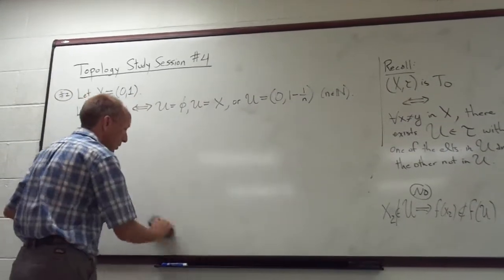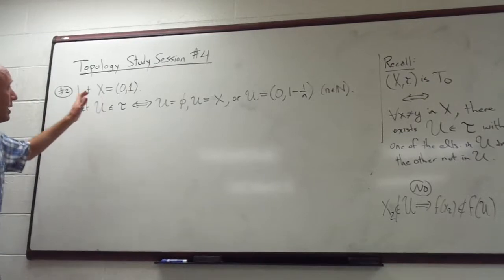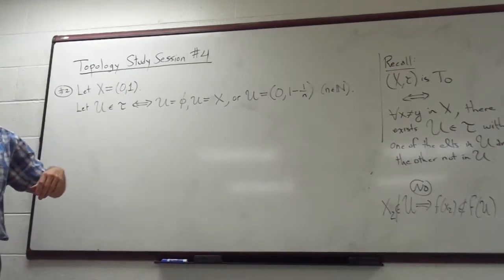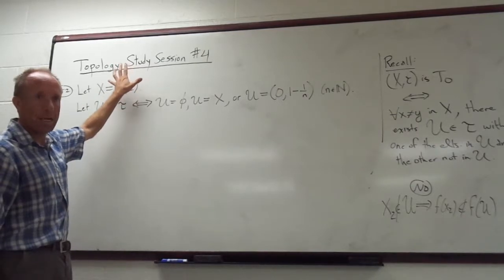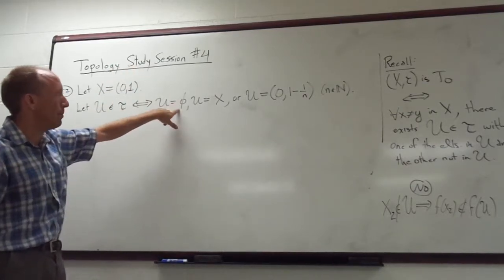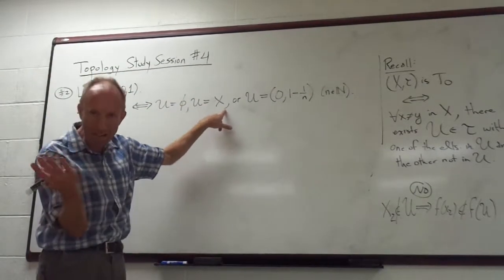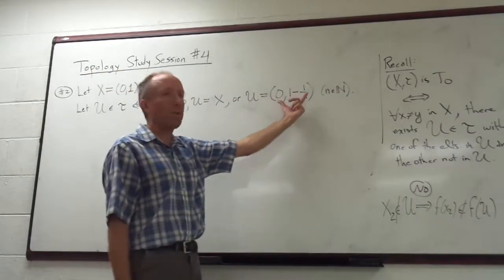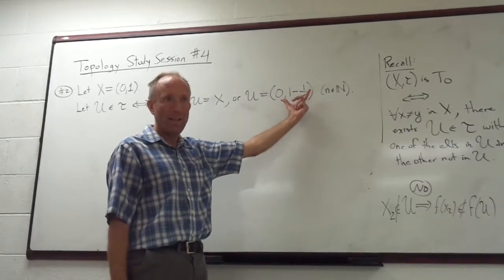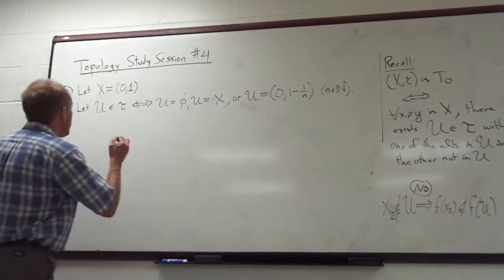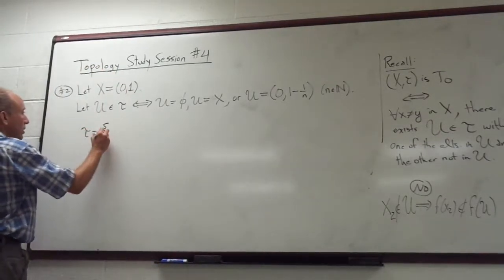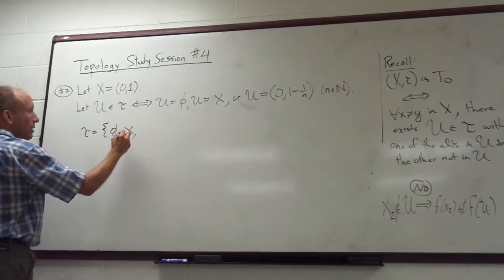So this is basically telling me what my open sets are going to be. The open sets in this topological space are going to be the empty set and the whole space. You have to have those. And then all intervals of this form right here. So tau would equal the empty set, the whole space.